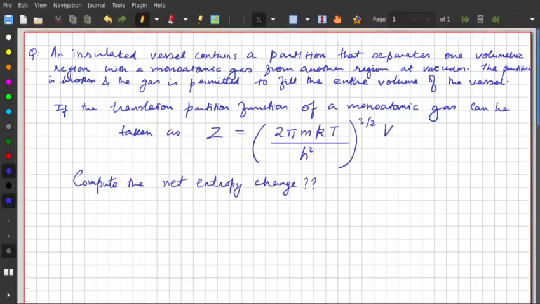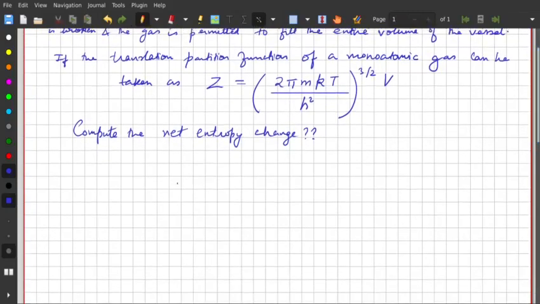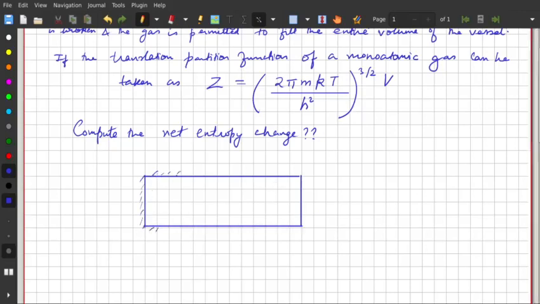During the process. So let us draw the schematic of the situation that we are dealing with. So let's say this is the container that we have, the vessel. Okay, so this is an insulated vessel. That means the vessel cannot exchange either matter or energy with anything outside this vessel.